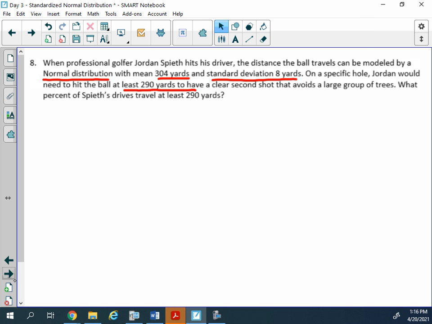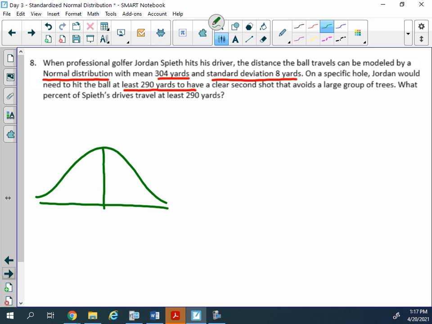Okay, so we can draw our normal distribution and see if we can use that 68, 95, 99.7 rule. Okay, so my mean is 304. Now 290 is smaller, so I'm just going to worry about the left, and if 290 is not part of my normal distribution, then I'm going to do the standardized normal.